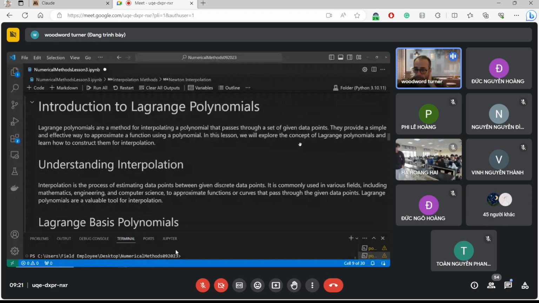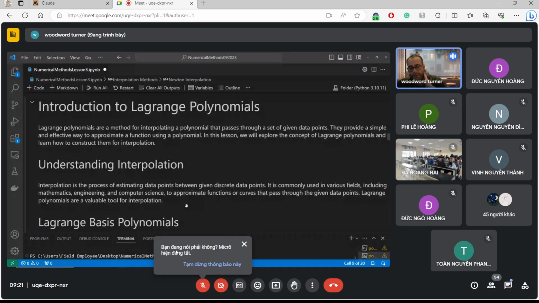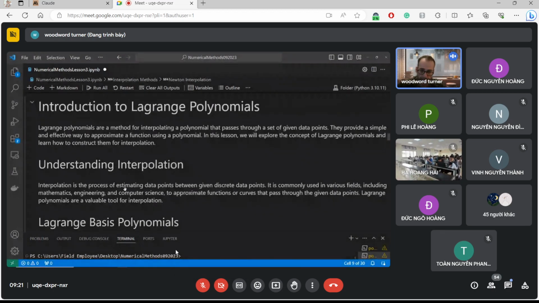In this lesson, we'll explore the concept of Lagrange polynomials, and we're going to learn how to construct them for interpolation. Just to reiterate, interpolation is the process of estimating data points between discrete data points, right?